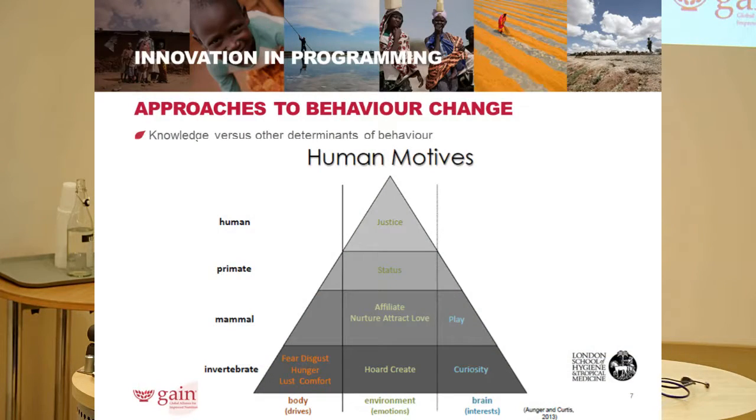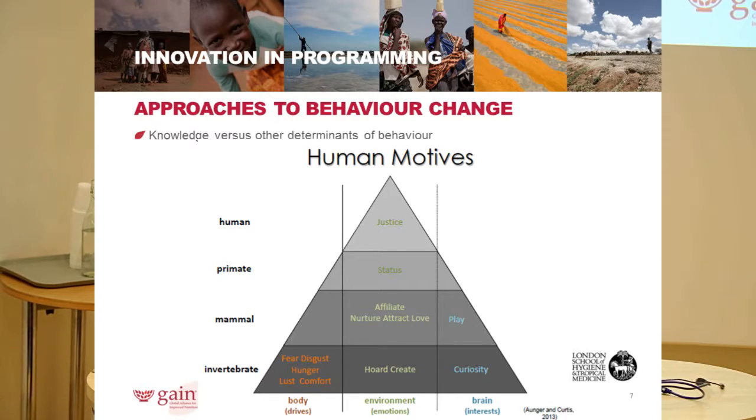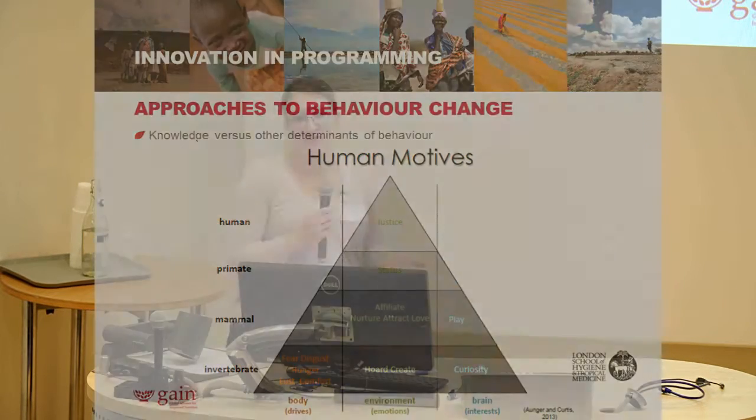Here's an example of an outline of human motives by Lyle Curtis and colleagues at the London School of Hygiene and Tropical Medicine. This is part of the hygiene center there, and their model really focuses on the fact that it's not a rational brain that makes decisions, but it's our drives, our emotions, and our interests that influence how we make decisions instead.